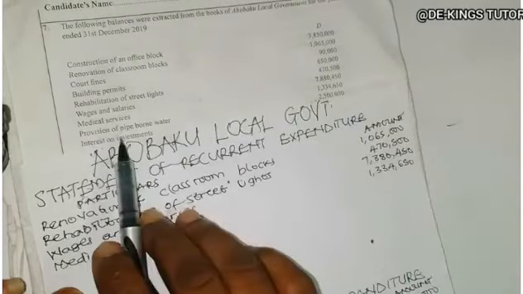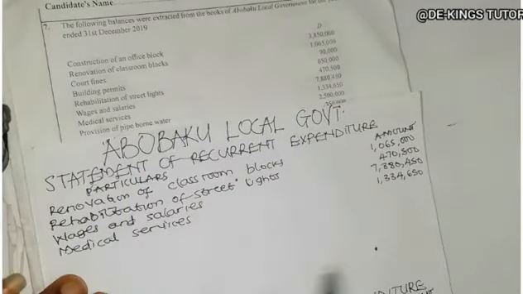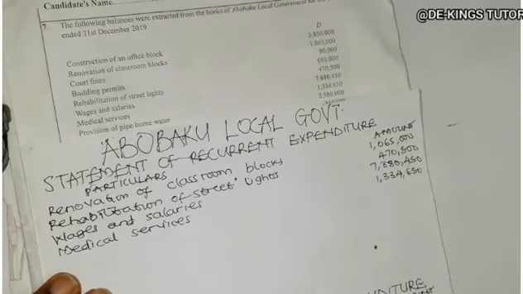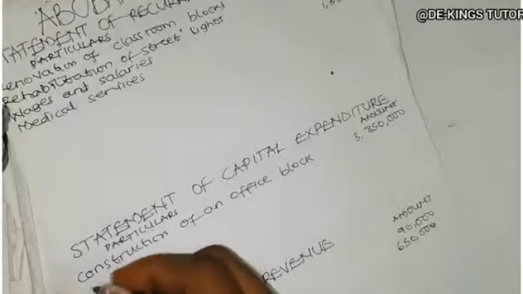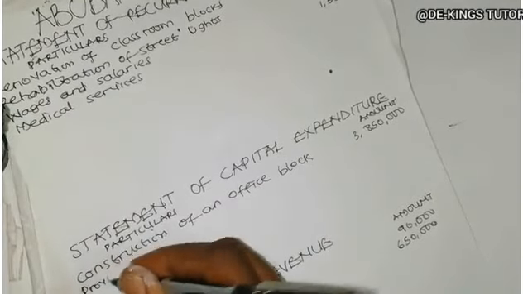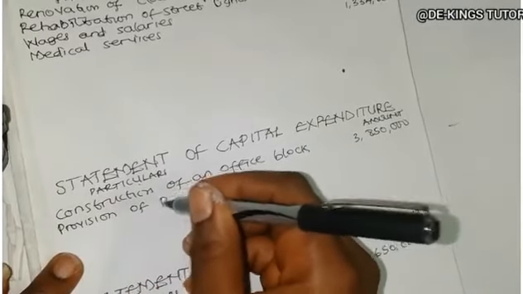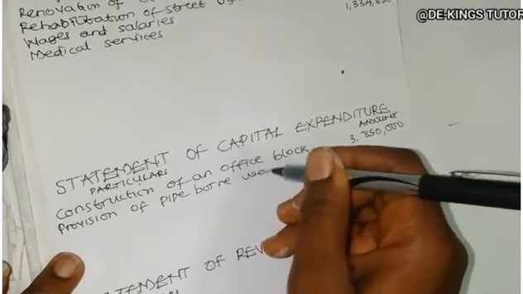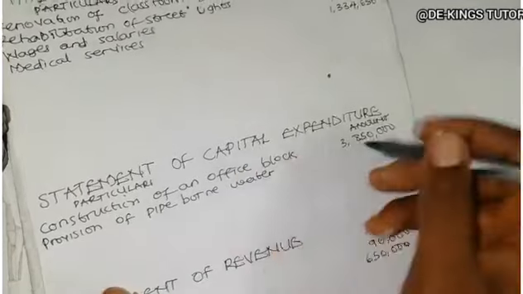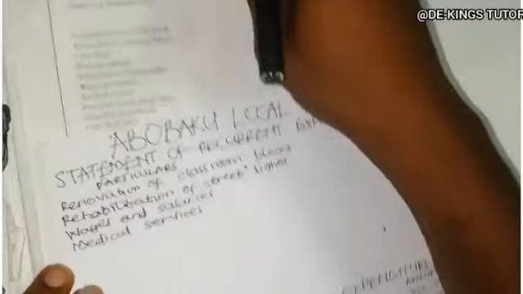Okay, the next one, provision of pipe-borne water. Provision of pipe-borne water can be done once in a while, it's not something done frequently. So it's a capital expenditure. I have provision of pipe-borne water, 2,500,000.